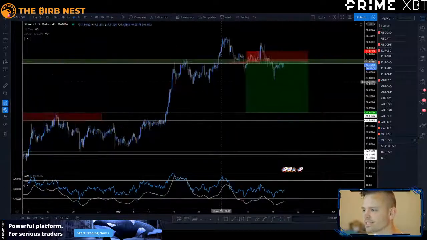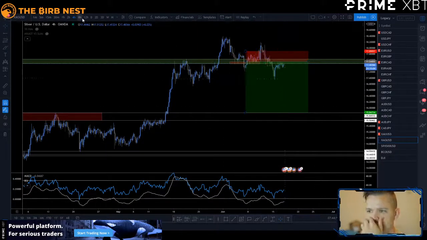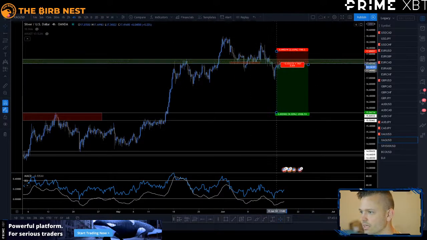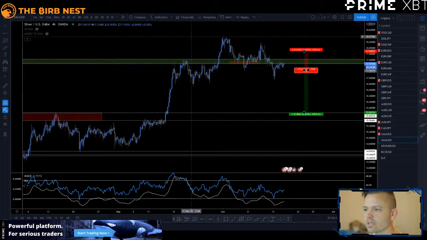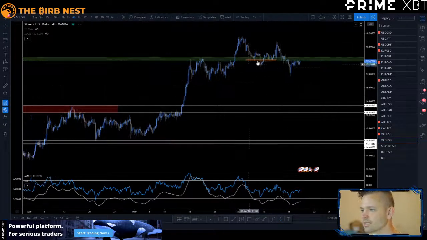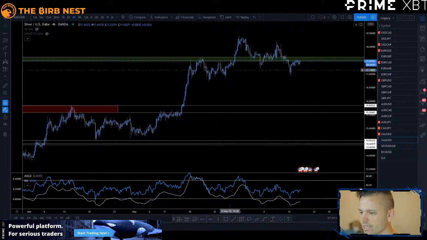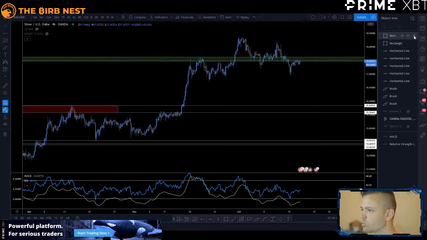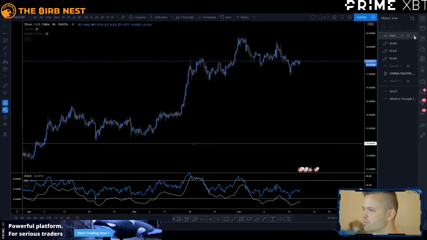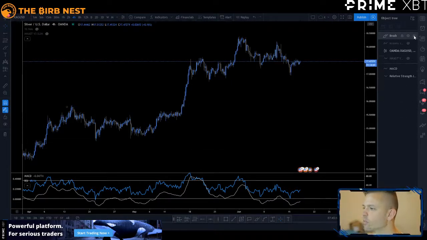Let's take a look at silver. This is actually a short I'm looking at on silver. I'm glad I actually pulled up the chart because this is actually looking like it might be time to short this one. So let's take a look at the daily time frame. And you know what? Let's just remove everything. I like to watch my charts clean, right?